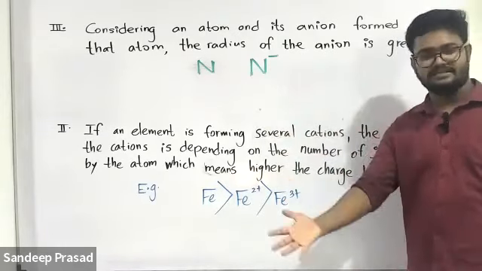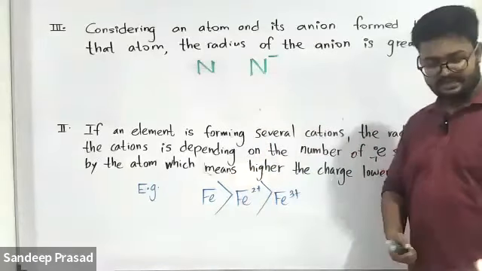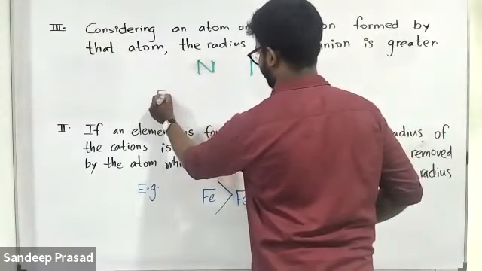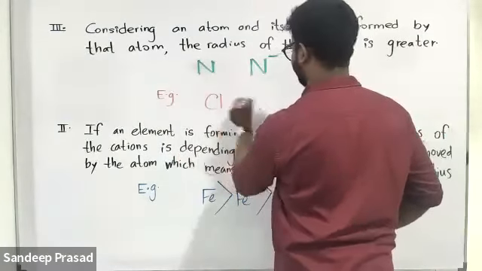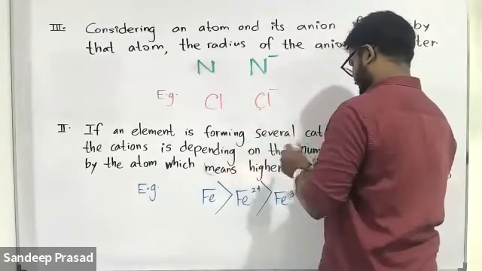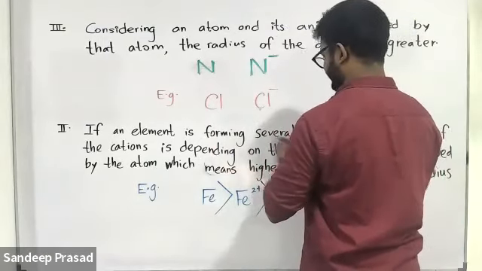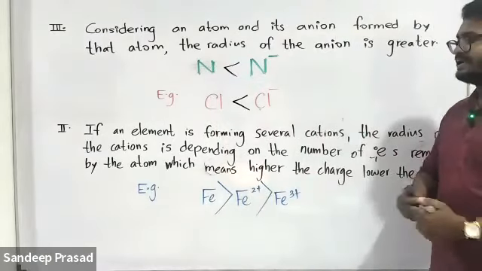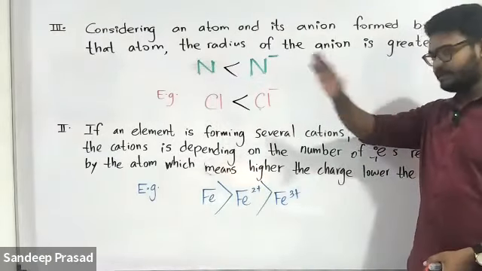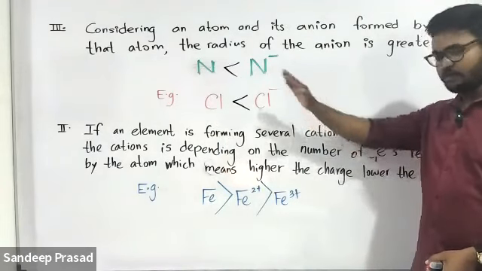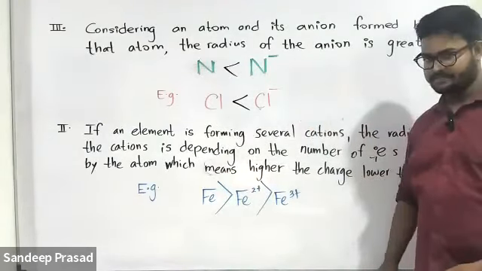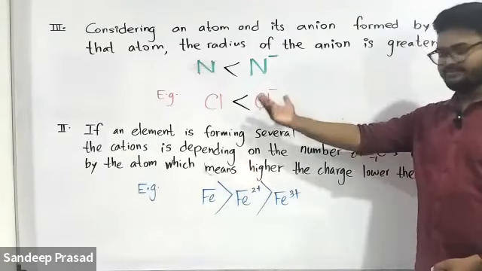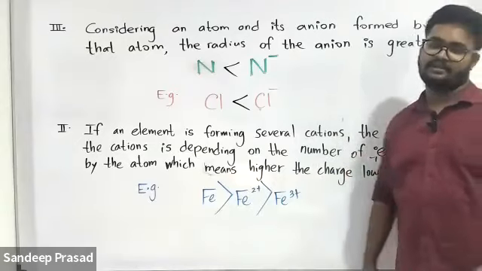If the electrons increase in the same element, the radius increases. As an example, chlorine and the chloride anion: who has the larger radius? Definitely chloride. In the cation case, the element has the larger radius than its cation. In the anion case, the radius is greater in the anion.